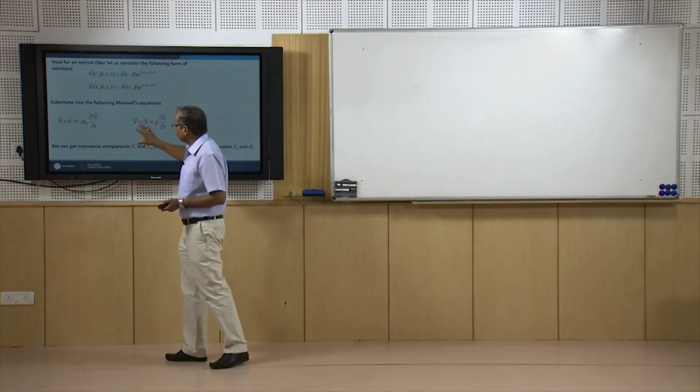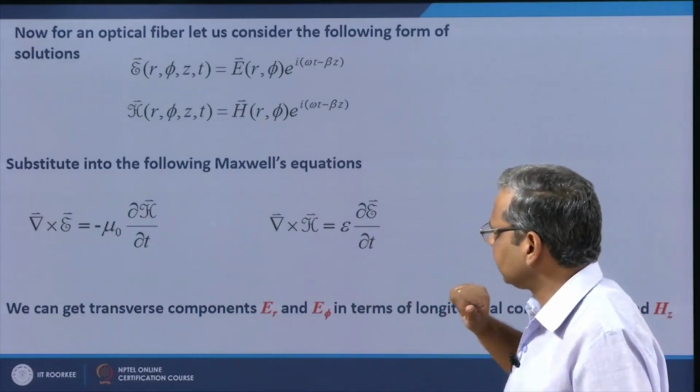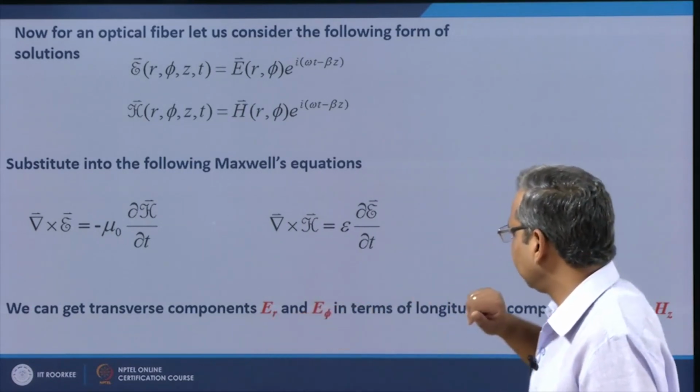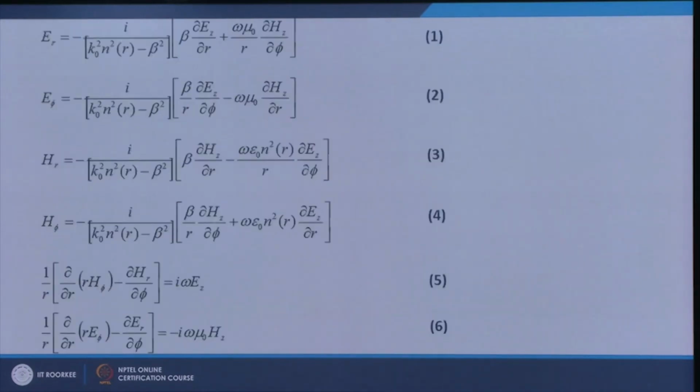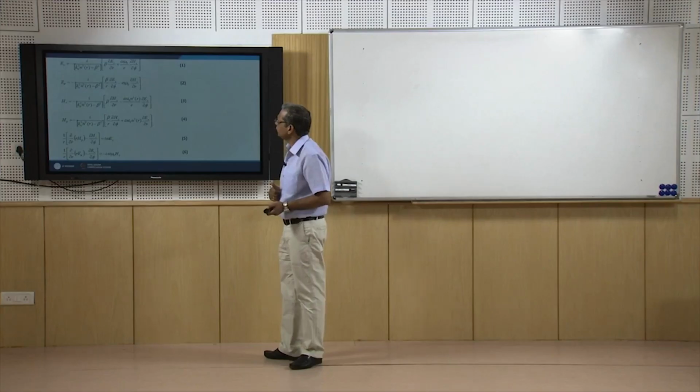So, these 6 equations will give me the transverse components Er and E phi in terms of the longitudinal components Ez and Hz. These are the 6 equations which I get from those two Maxwell's equations.